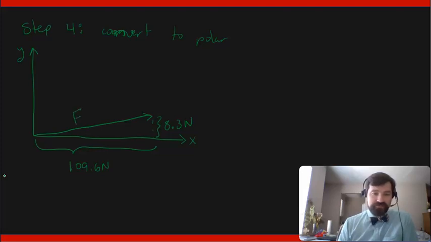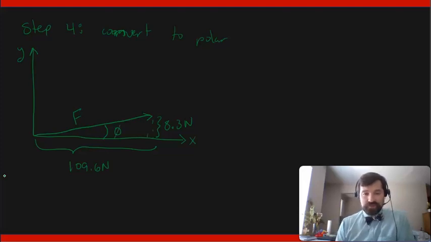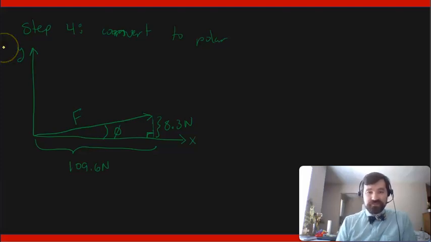This would be F, and this would be phi. Knowing that x and y are always perpendicular to each other for any orthonormal basis system, this creates a right triangle whose sides have these two lengths.